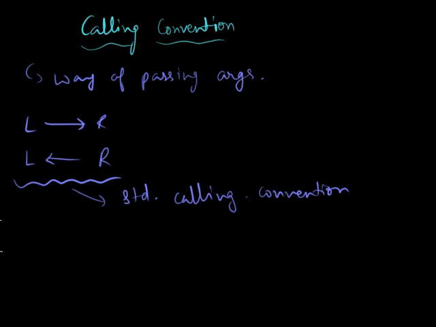Let us take this example and try to solve it using the calling convention, right to left. We have int a equals 1, then we have printf. We are printing three values: %d, %d, %d, and the list of variables we are passing is a, ++a, and a++.